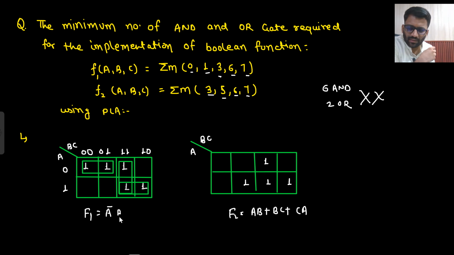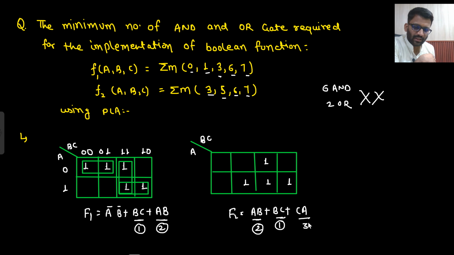A bar B bar plus this is BC plus this is AC. No, AB. This is A and B, AB. Okay, so AB, AB, BC, BC. 1, 2. This is also 1, 2. This would be third and this would be fourth.